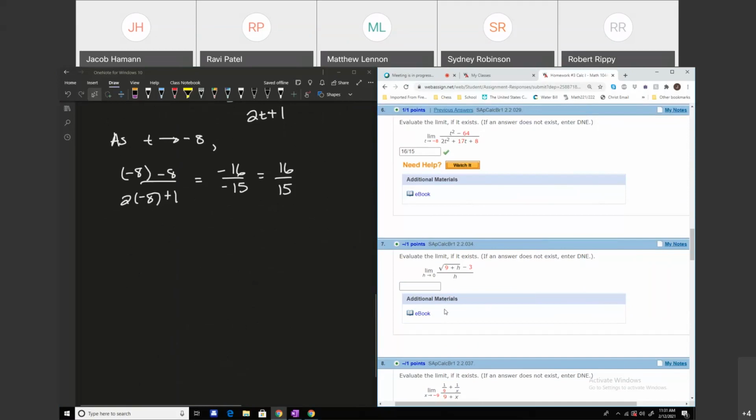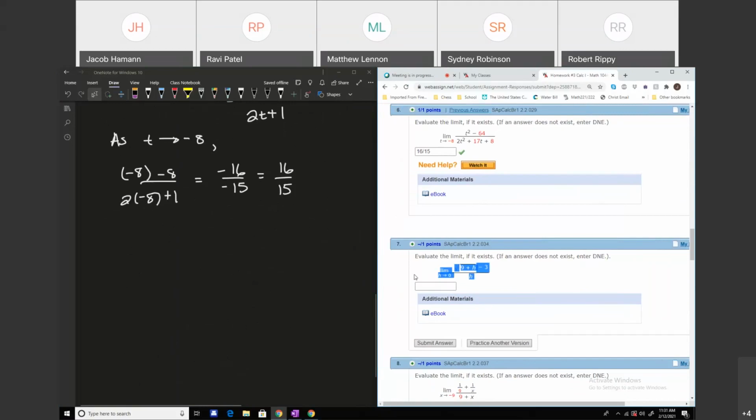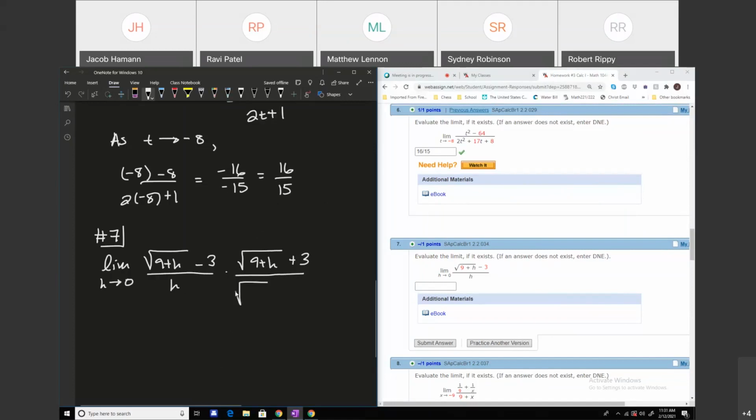Number 7 and 8, we've done one of each of these in both lectures so far, but we'll go ahead and do it again. Number 7, remember what we have here is a multiply by the conjugate type of scenario. So as we're doing the limit as h approaches 0 of the square root of 9 plus h minus 3 over h, what we multiply by is the conjugate, so square root of 9 plus h plus 3 over square root of 9 plus h plus 3.